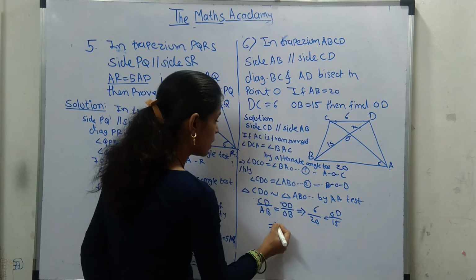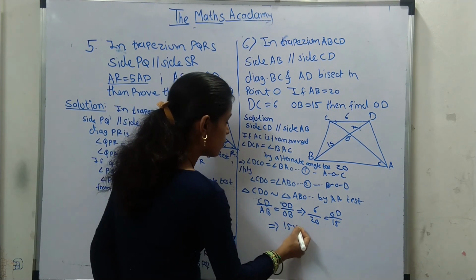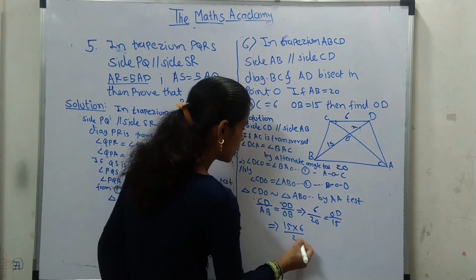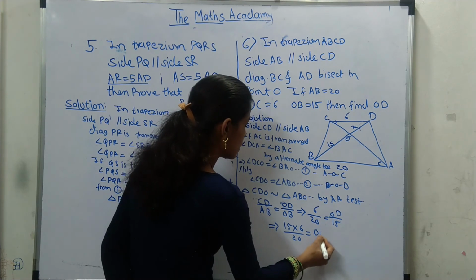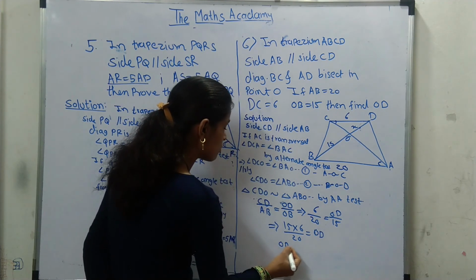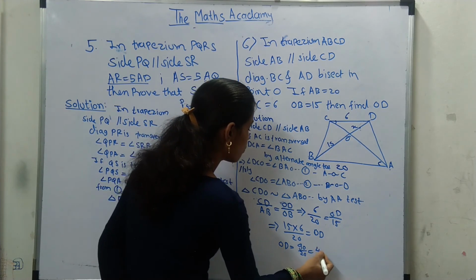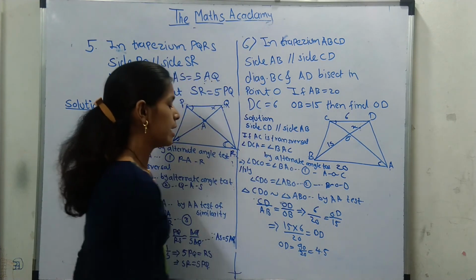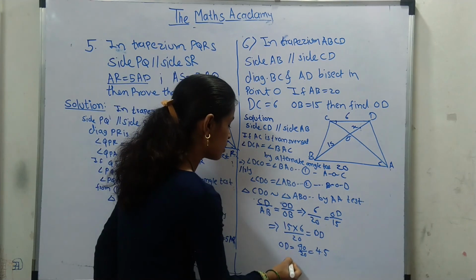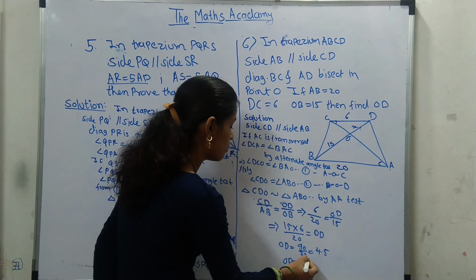Now by cross multiplication you will get 15 multiplied by 6 upon 20. This is the value of OD. That is OD is equal to 90 upon 20, which means 4.5. Hence the value of OD is 4.5.